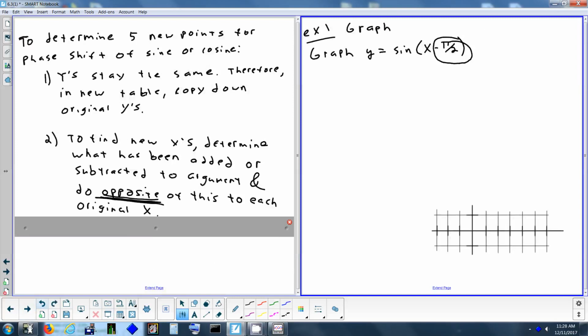You should always be shifting right in that format. If you said, oh, I see minus pi over 2, I'm just going to minus a pi over 2 from everything, well, that's going to shift it the wrong way. Okay? So remember, horizontal shift, do the opposite. Okay, so we'll make a table.